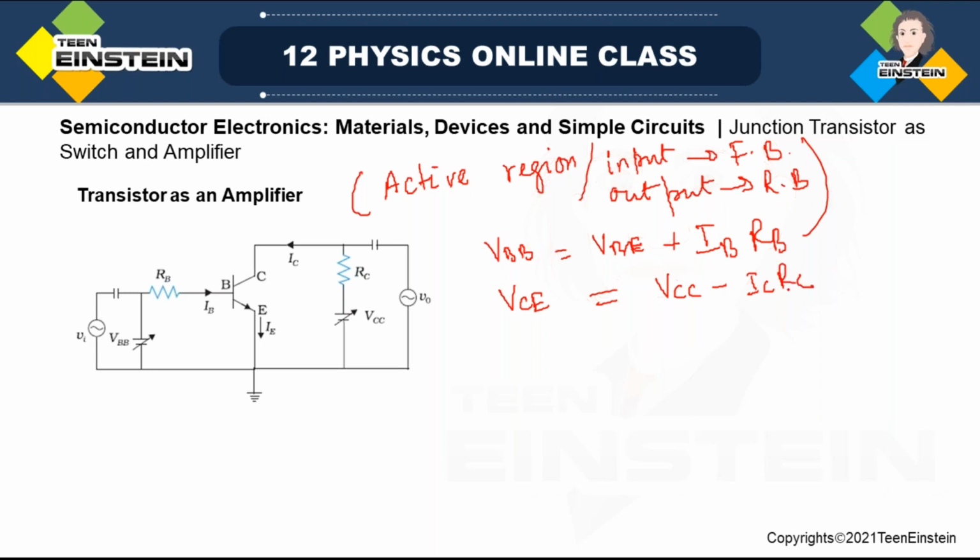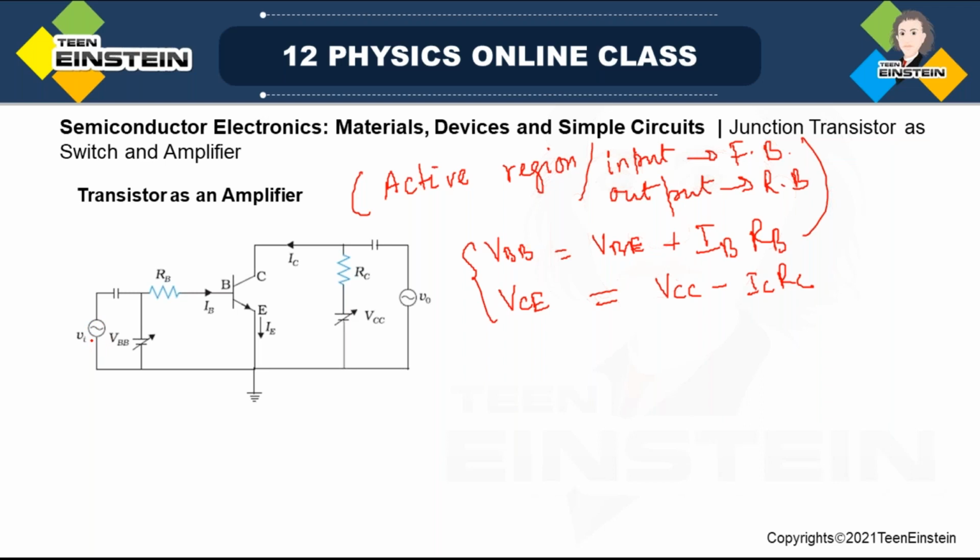Now you can see here that this DC voltage is not going to change anything. So whenever you want to use a transistor as an amplifier, along with this input voltage VBB, you have to always apply a certain sinusoidal voltage also. Suppose Vi is the amplitude of that.